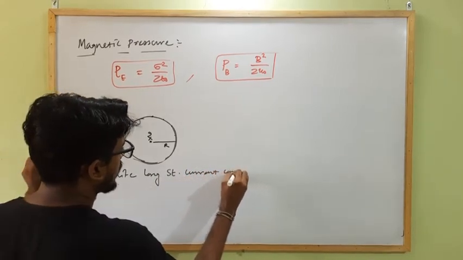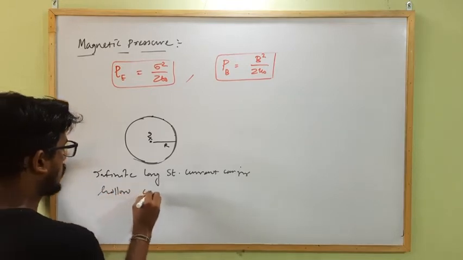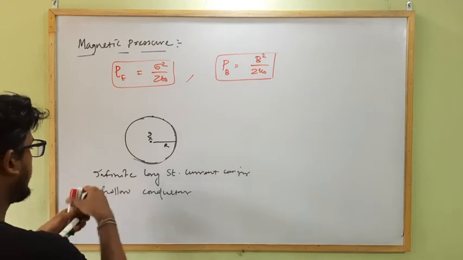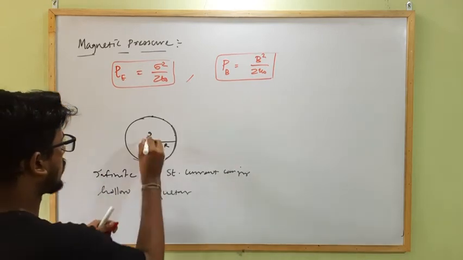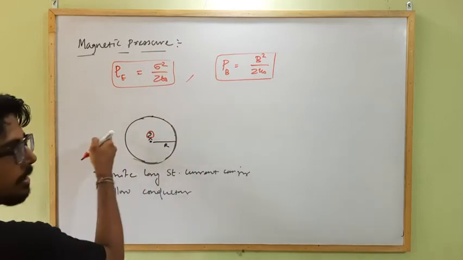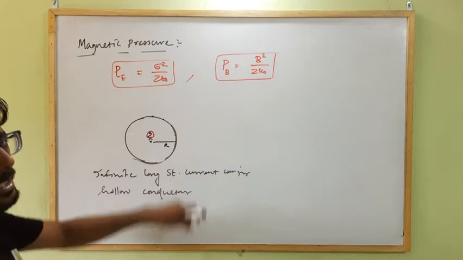That means the current I flowing through this conductor is flowing across its surface only. Clear? Within the radius r the current is 0, and outside it the current is 0.